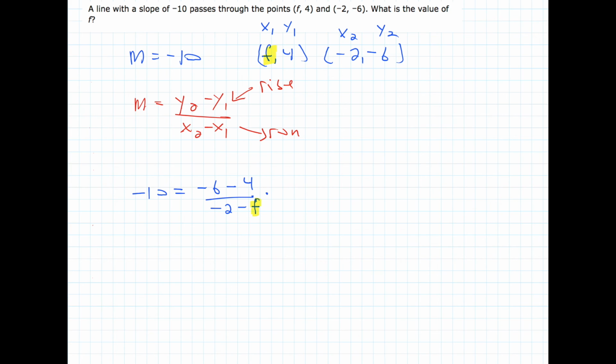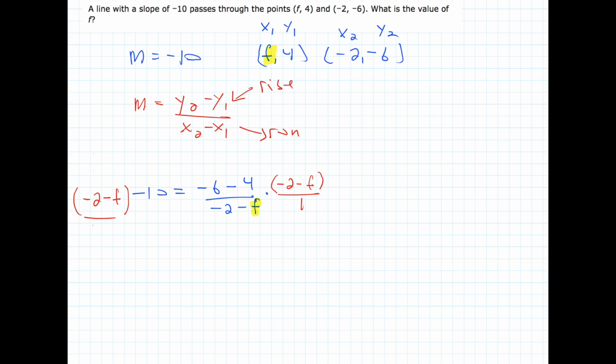So you're going to go right here, times, negative 2 minus f, in parentheses, over 1. Whatever you have down here, you're going to exactly multiply it on the top on the right, and then do the same thing on this side, negative 2 minus f, but you don't need to have over 1 because you don't have a fraction next to it.